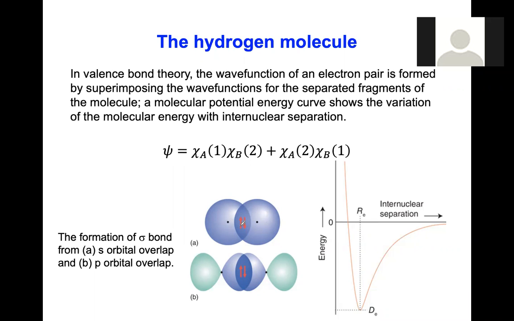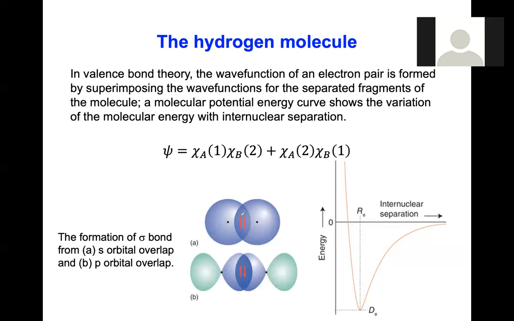Electron density is negative charge, and the nuclei of the hydrogen atoms are positively charged. When you have increased electron density between the two nuclei, this overlapping density has the role of bonding them together. In physical terms, this overlapping density, through electron attraction, brings the two hydrogen atoms together.